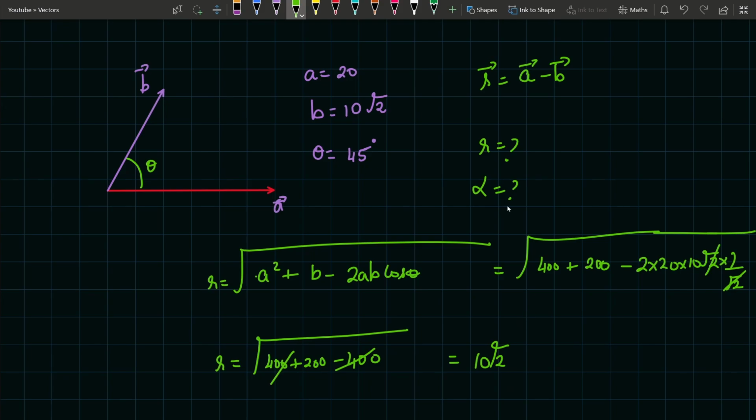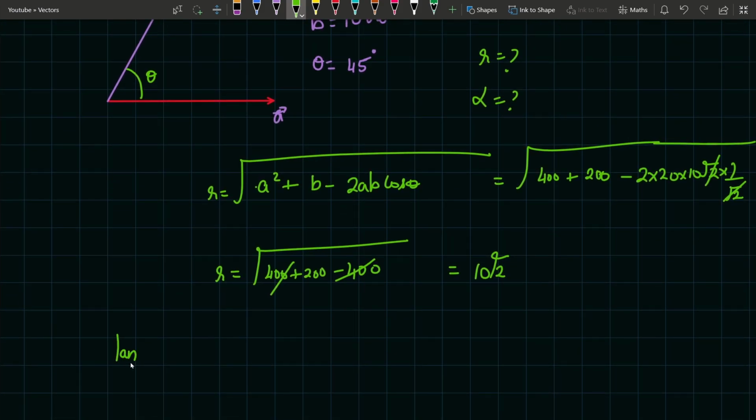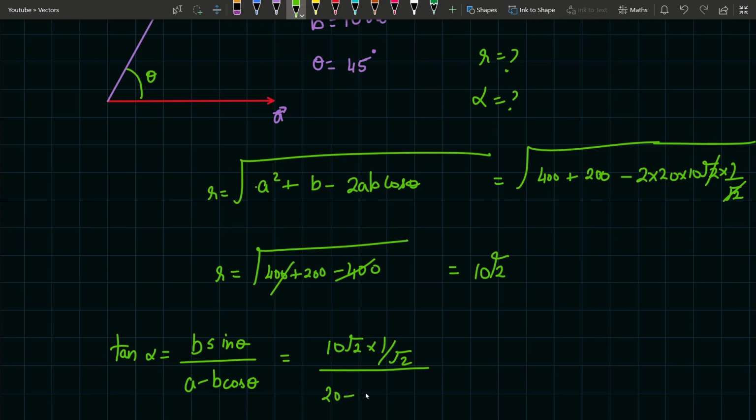And let us find the angle alpha. To find the angle alpha, I need the formula tan alpha equals b sin theta divided by a minus b cos theta. It is equal to 10 root 2 into 1 by root 2, because sin 45 is 1 by root 2, divided by 20 minus 10 root 2 into cos 45, which is again 1 by root 2. So the root 2's will get cancelled, and the final value will be 10 by 10, because 20 minus 10 is 10.